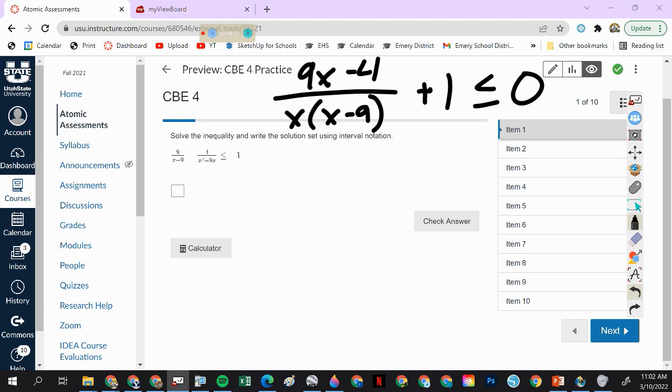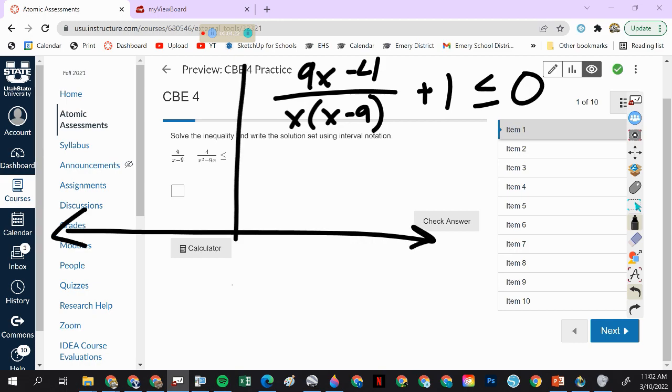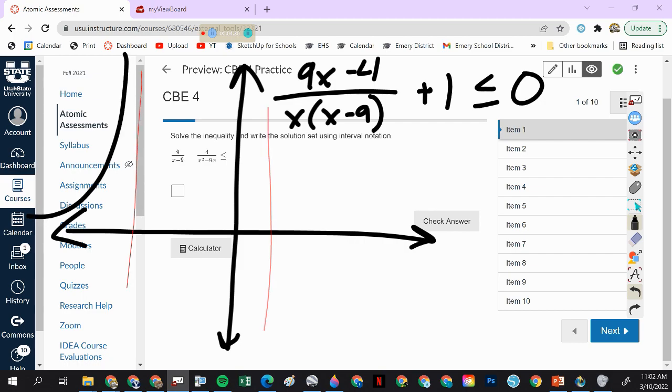If I were to draw the number line, well, if I were to graph this, then it's going to look something like this. All rational expressions have that sort of shape. Okay? But I don't care where this graph crosses the x-axis as much as I want to know when the graph is less than or equal to -1.